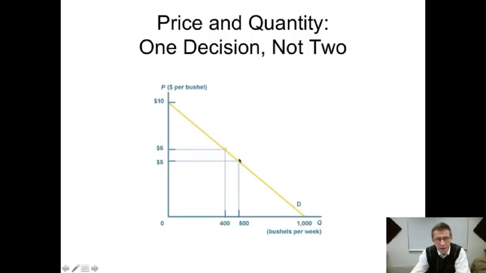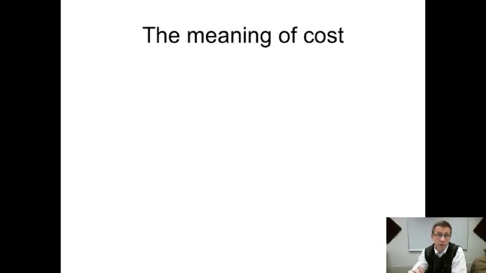We know from the law of demand, you increase the quantity, price would drop. So increasing to 500, you have to drop the price to 5. The firm is constrained in a way by this: price and quantity are not two different decisions, it's one decision, and it's going to be based on whatever the demand curve is for the firm's product.